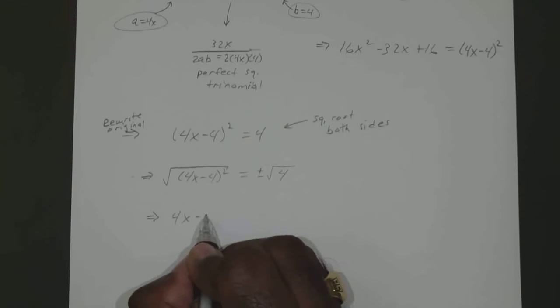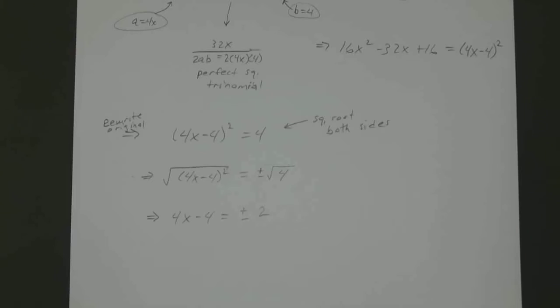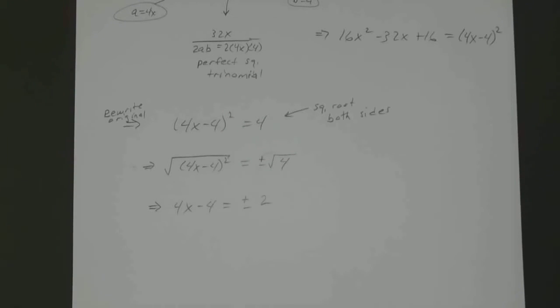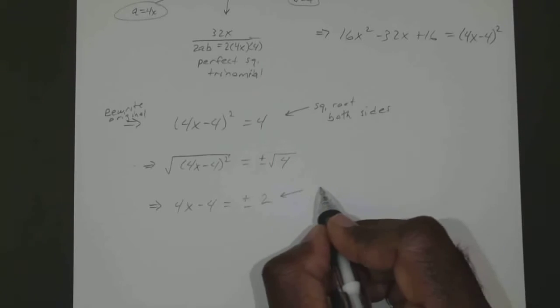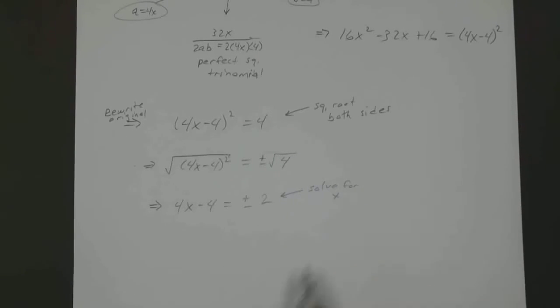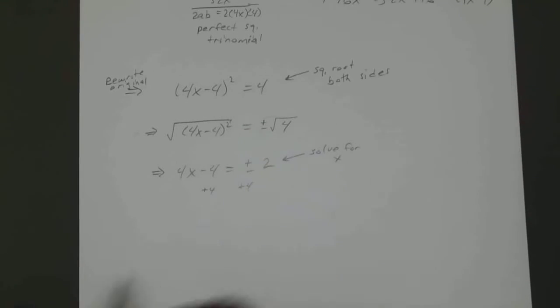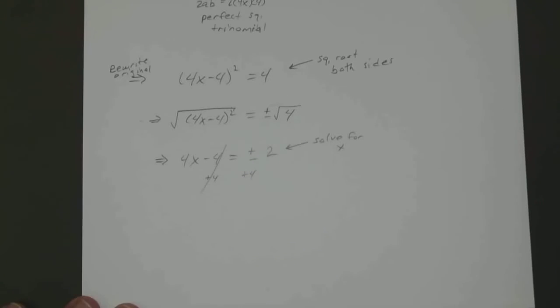So we have 4x minus 4 equals plus or minus 2. Okay, so from there we just solve for x. Okay, so we add 4 to both sides, where those two cancel out.